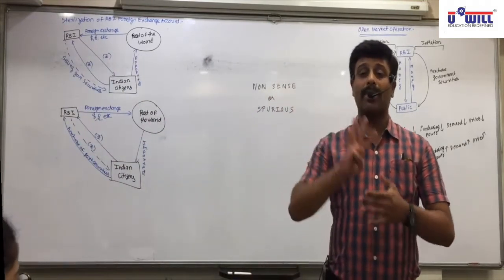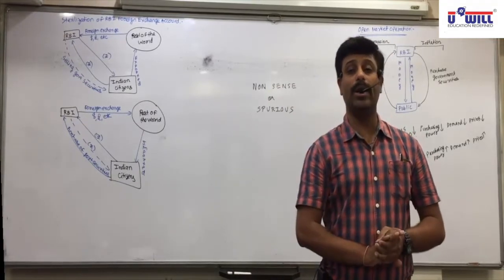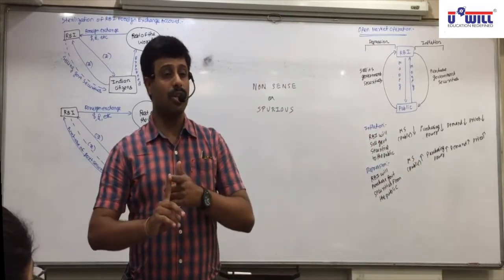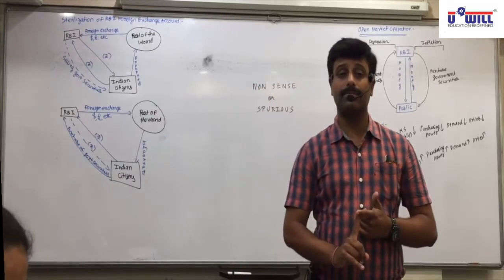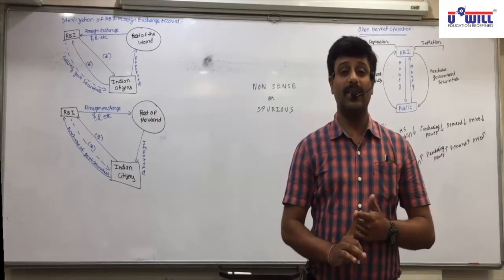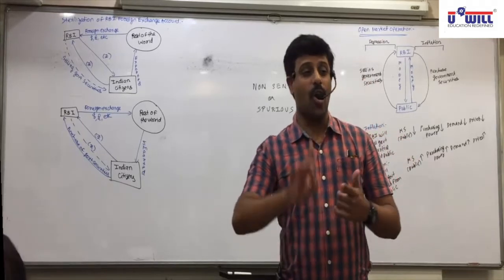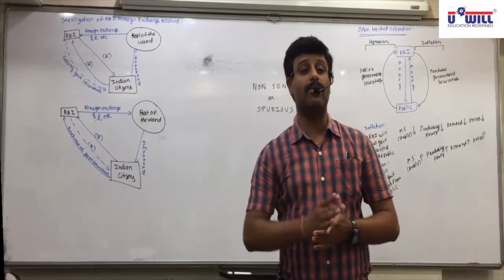There are 4 precautions to be taken in interpreting the correlation coefficient. How many precautions? 4. First precaution that you have to take is: is there a cause and effect relationship or not? Because many times what will happen?